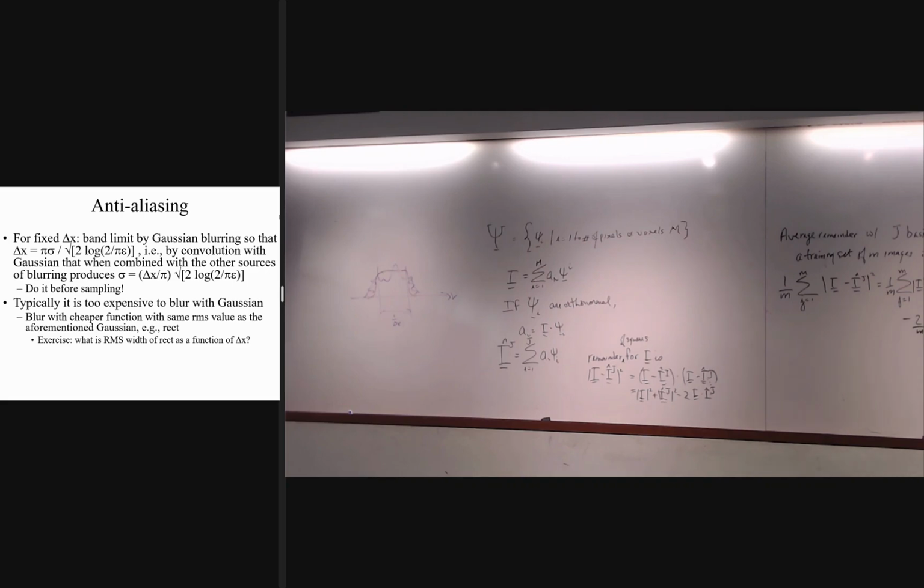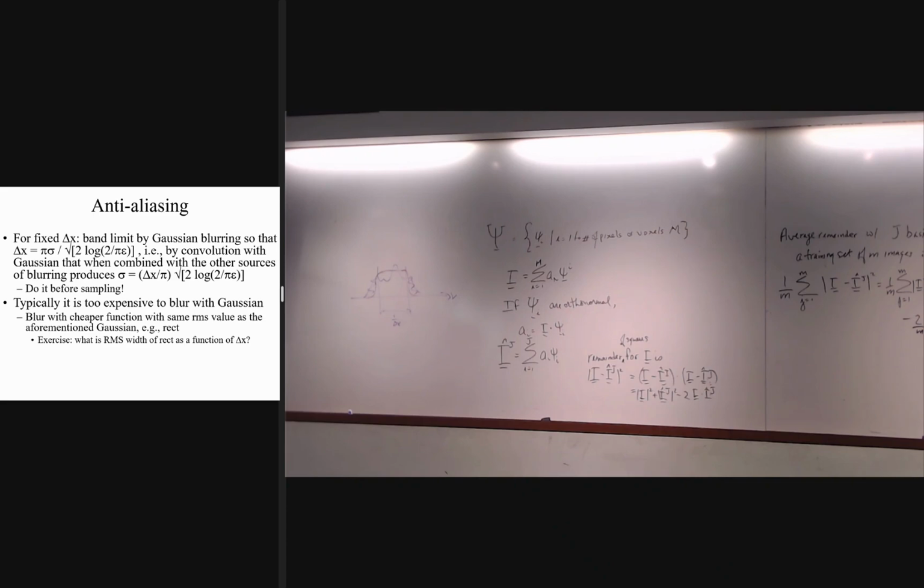I take this exercise seriously. For next class, I defined RMS width, and I want you to figure out what the RMS width is of a rect of width delta x.